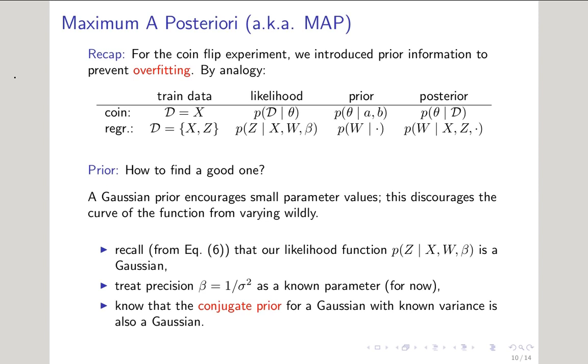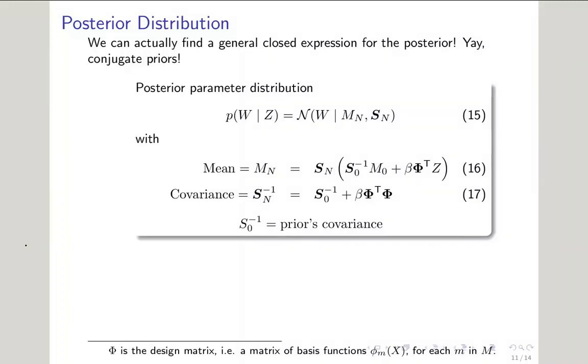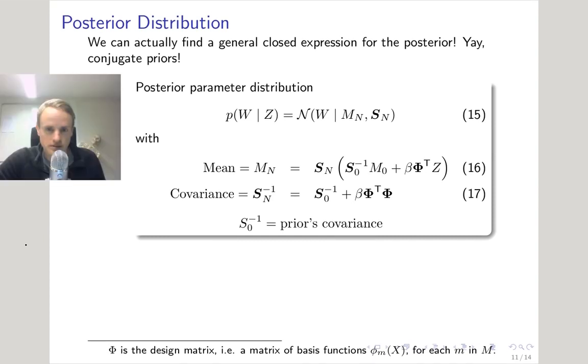Also, since our likelihood function is already Gaussian, using a Gaussian prior means that our posterior will also be Gaussian. This is because a Gaussian is a conjugate prior for another Gaussian. The really cool thing is that since our posterior is Gaussian, we have a closed form expression for it.